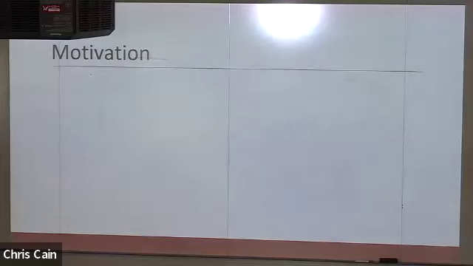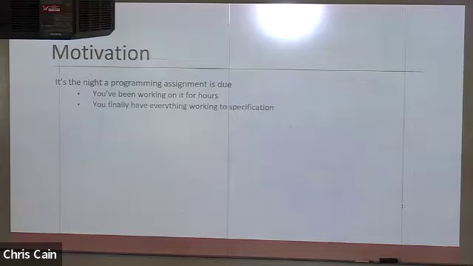So tell me if this sounds familiar. The night before a programming assignment is due, you've been working on it for a bunch of hours, and you have finally got everything working to the specification. But, of course, you've been working for hours, so the process of getting to the point where it's working to the specification isn't pretty.